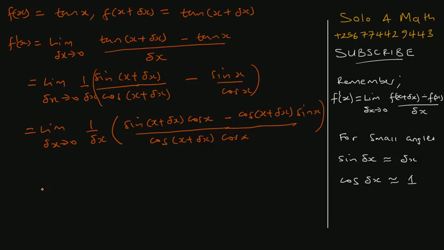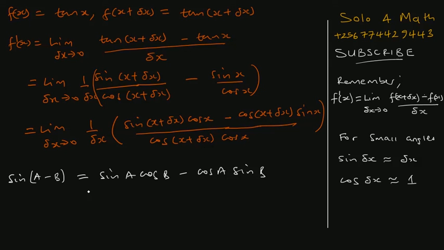Alright, so here we want to borrow some trigonometrical identities. You remember, if you have sine a minus b, you'll expand this as sine a cos b minus cos a sine b.